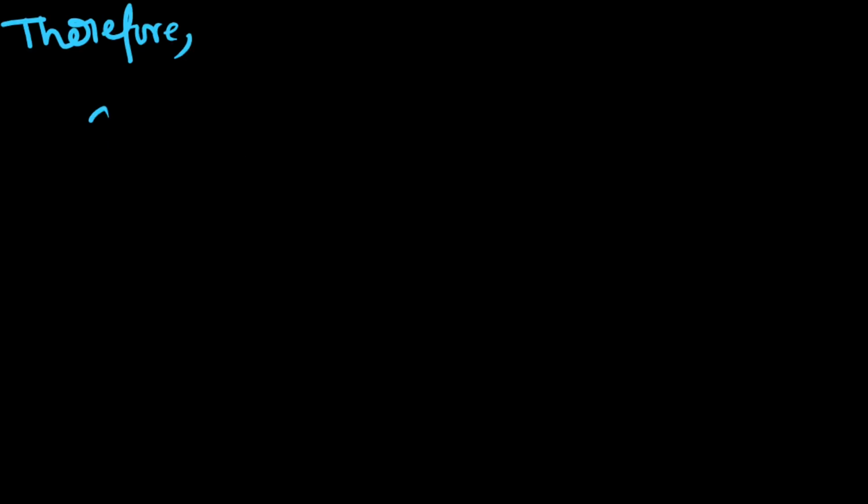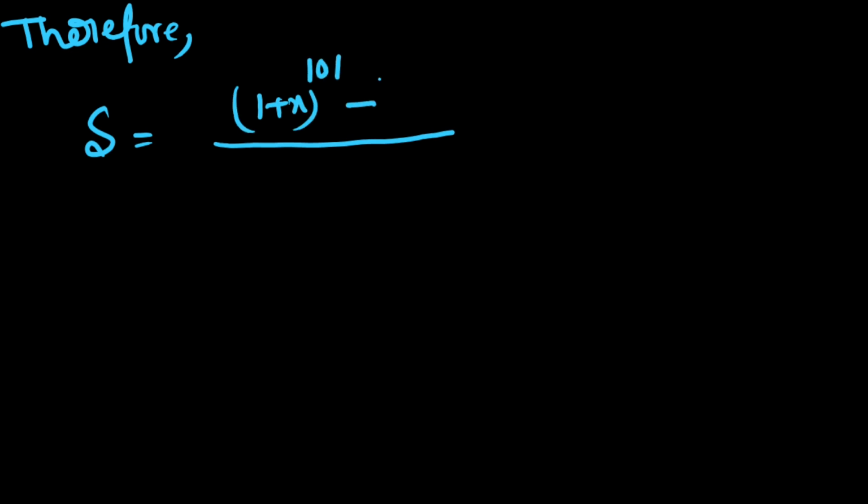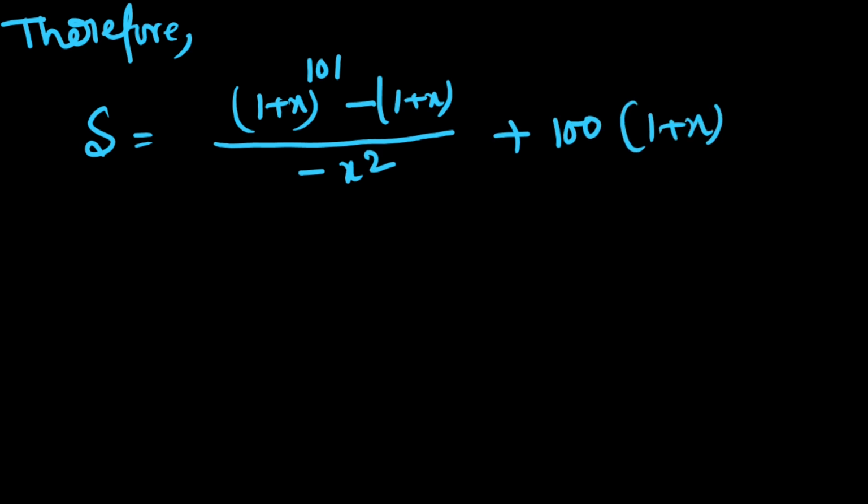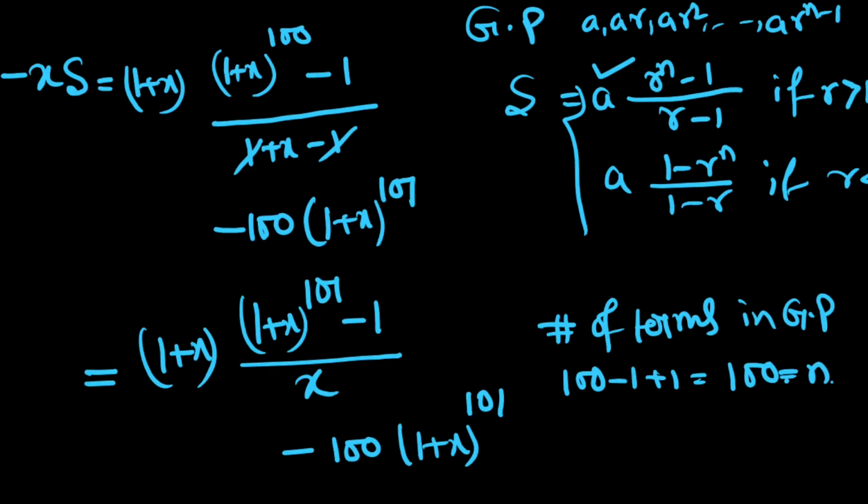Therefore S is equal to ((1 plus x)^101 minus (1 plus x)) over minus x square, plus 100 (1 plus x)^101 over x. So we divide by minus x on the right hand side.